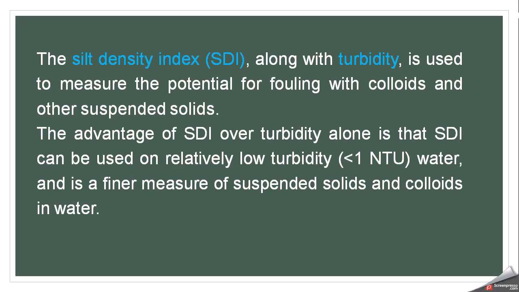Someone asked: when we measure turbidity and it tells us about the colloidal particles present in the feed water, then why do we go one step ahead and find the silt density index? The reason is that SDI can be used at relatively low turbidity, when there is less than 1 NTU water, and is a finer measure of suspended solids and colloids in the water.